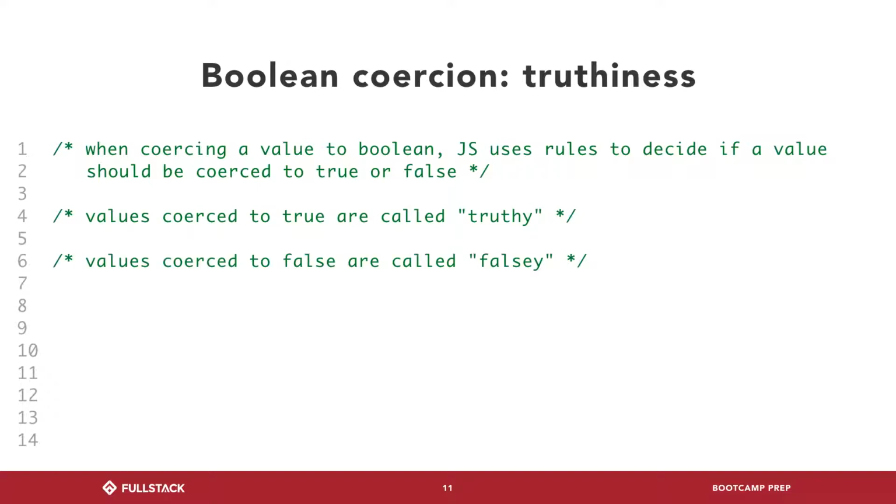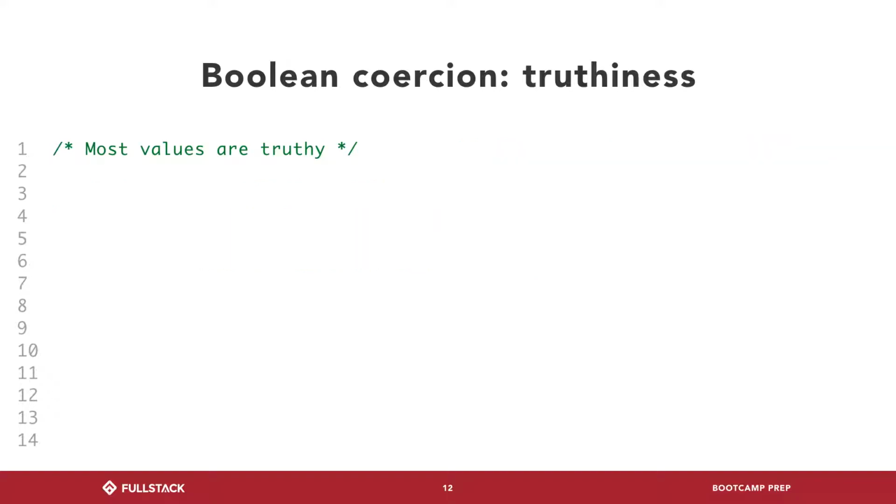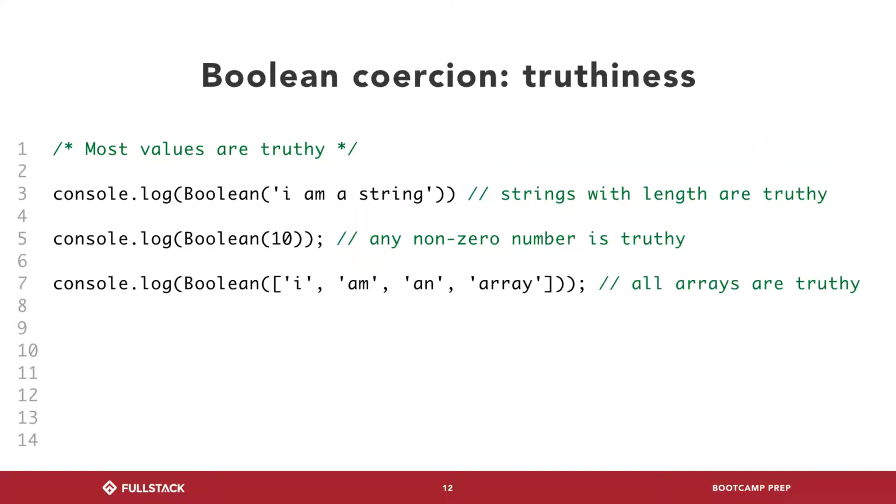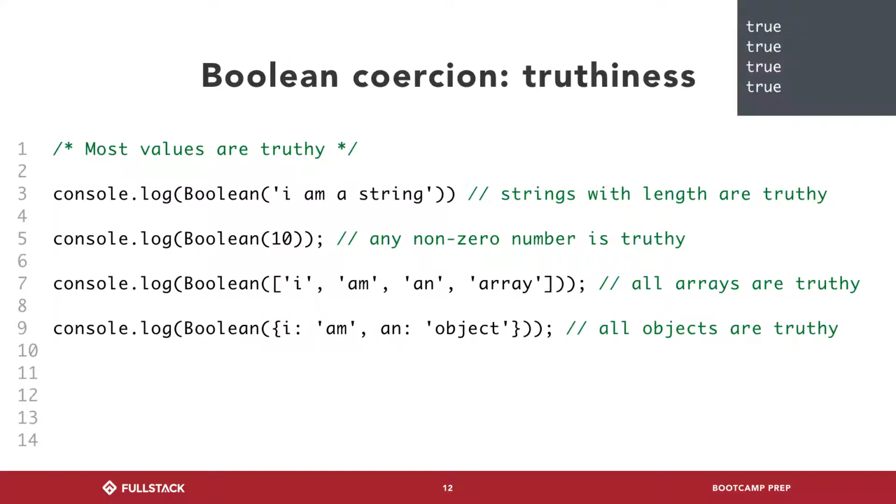Things that, when we convert them into a Boolean, end up as true are called truthy or truth-like, and similarly falsy or false-like for the others. So here we're going to give you a bunch of examples that are truthy: all arrays are truthy, all objects are truthy.